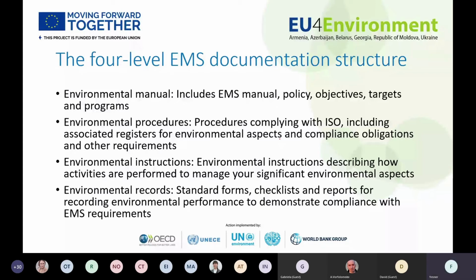We have the environmental instructions describing how activities are performed in detail to manage significant environmental aspects. And we have the level of records, which will be standard forms, checklists, report formats.